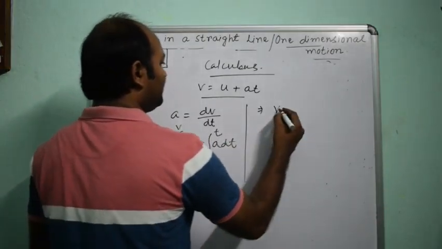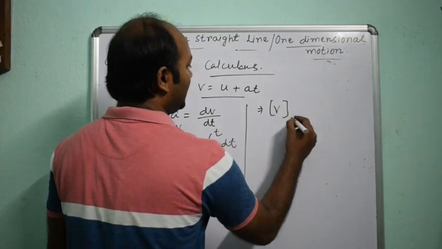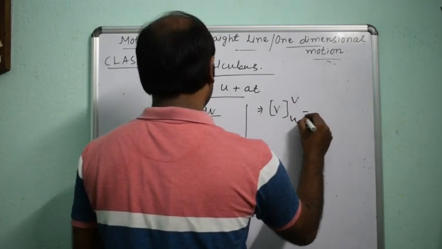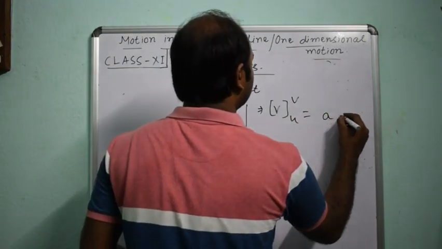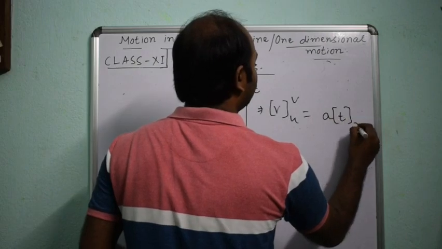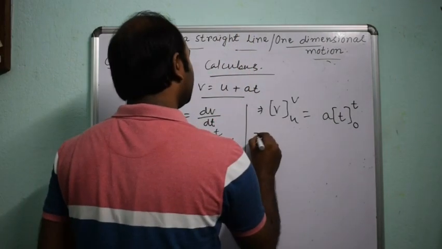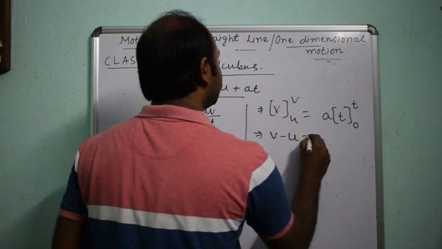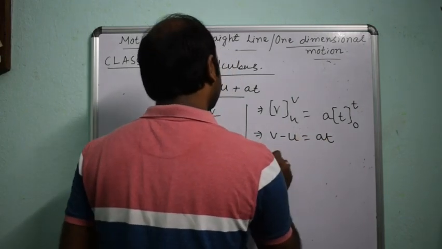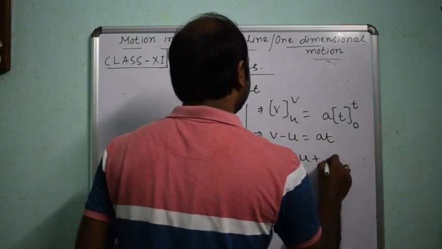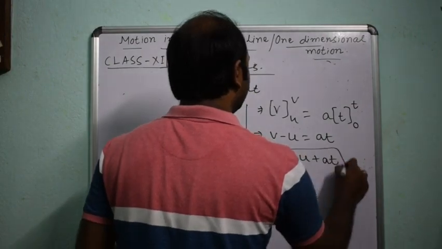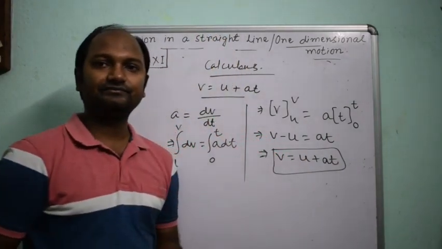So v, lower limit u, upper limit v, equals a into t, lower limit 0, upper limit t. So v minus u equals at. So v equals u plus at.